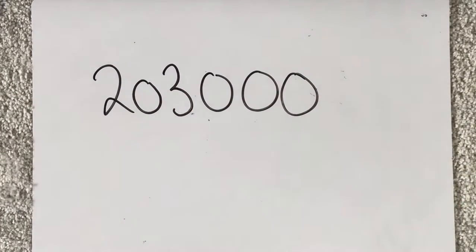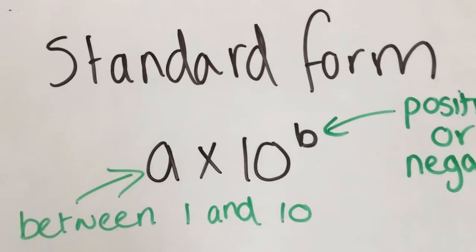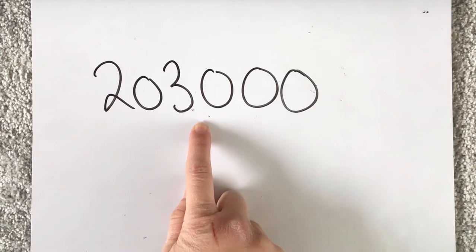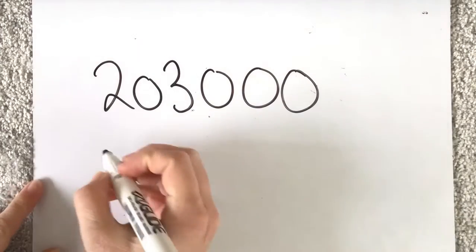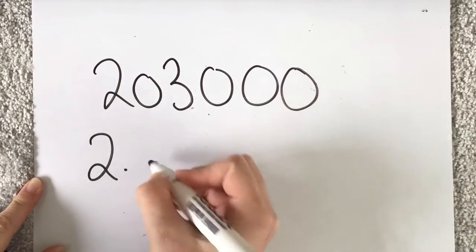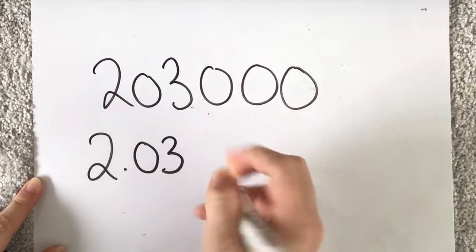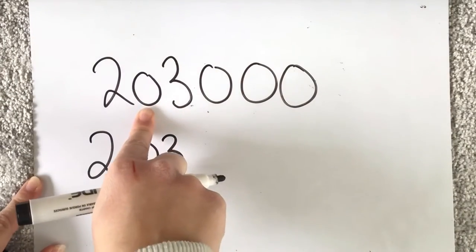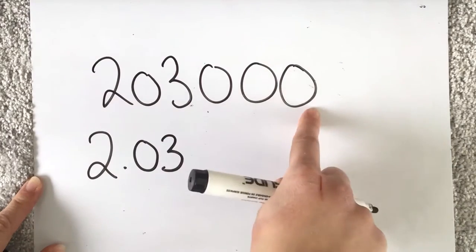If I wanted to write that in standard form, I need my number to be between, as said here, 1 and 10. So I'm thinking, how can I make this so that there's a number between 1 and 10? So it's going to end up becoming 2.03. I don't need to worry about the rest of these zeros.